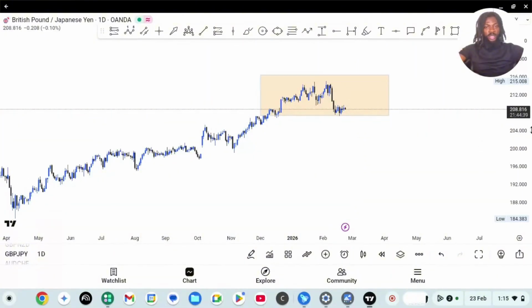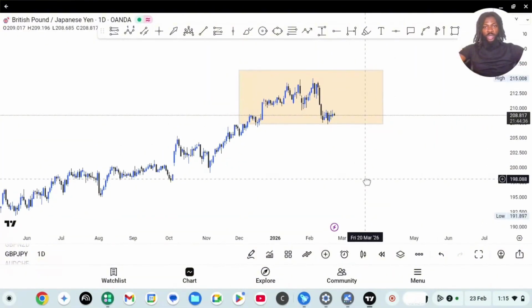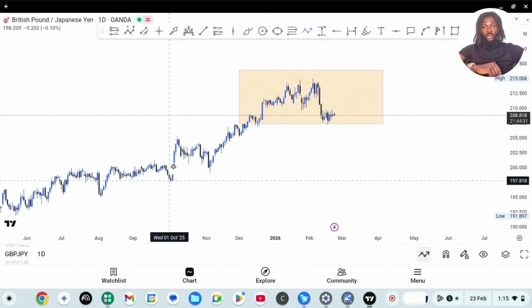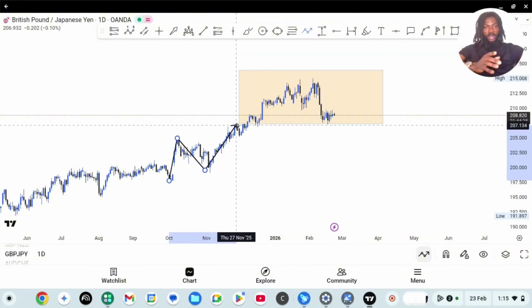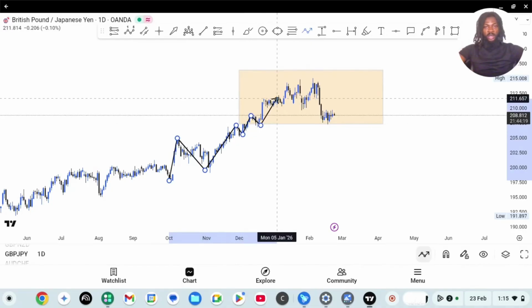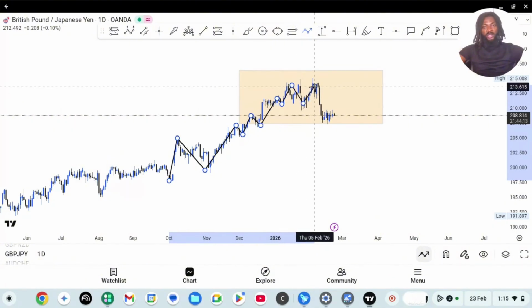Now, as you can see in the daily time frame, you will clearly see the structure. Let's check it. The market was giving us a series of higher high, higher low, higher high, higher low. Then the market starts giving us a ranging market here, and as you can see, we have a massive downward move, giving us a market structure shift.